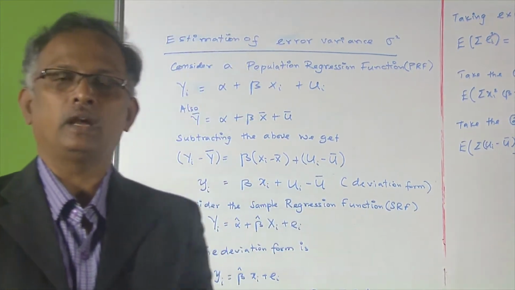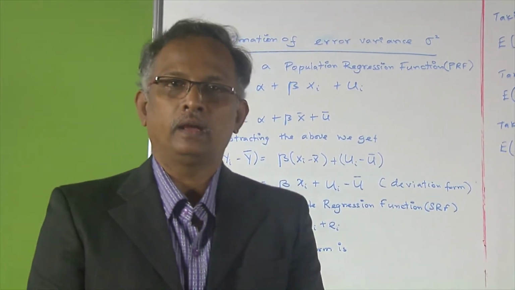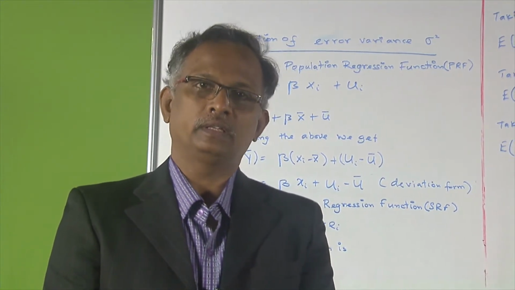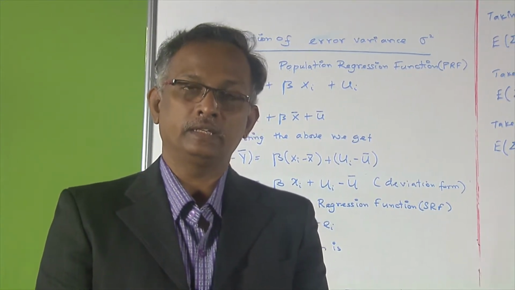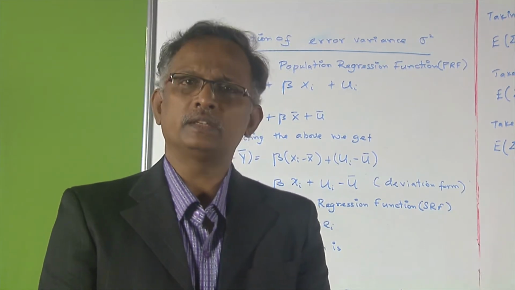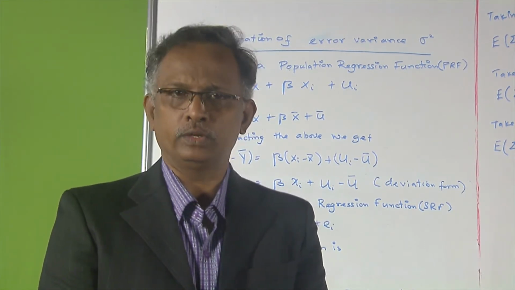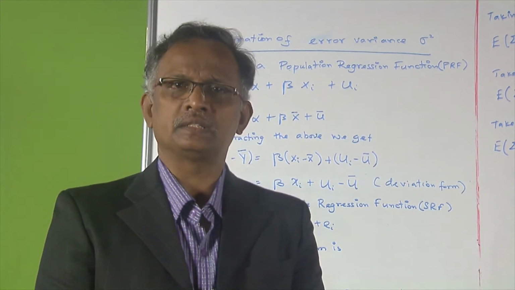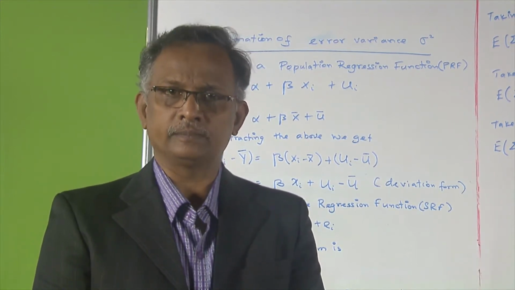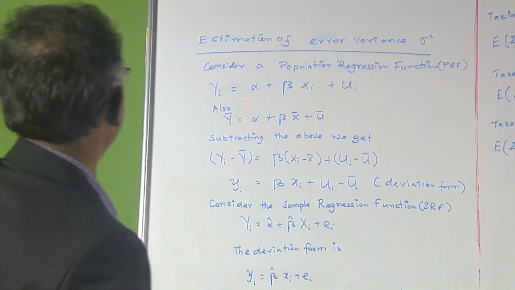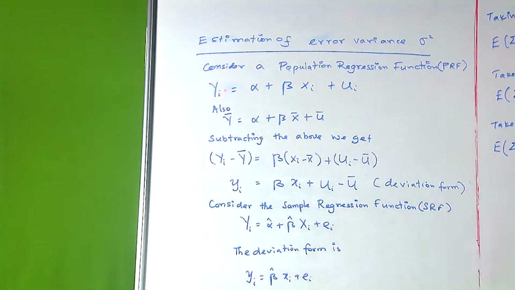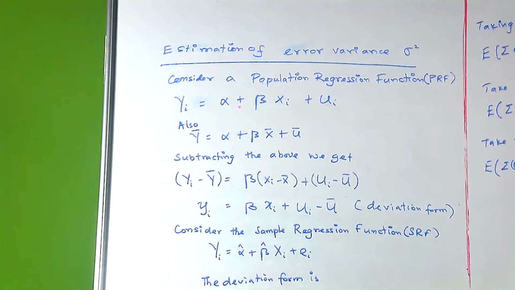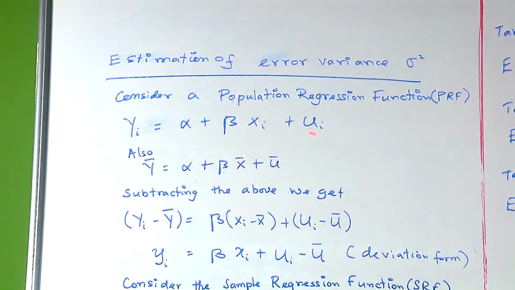Now let us see how the unbiased estimator of the variance of the error term is derived. This is a very rigorous derivation. You must understand the variance is derived rigorously. Let us take the population regression function in the observation form. yi is equal to alpha plus beta xi plus ui.